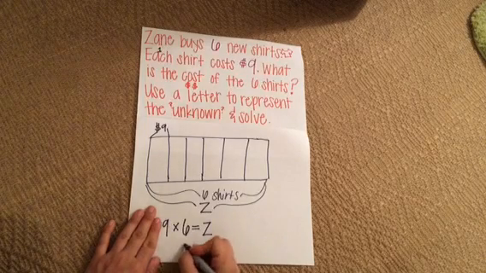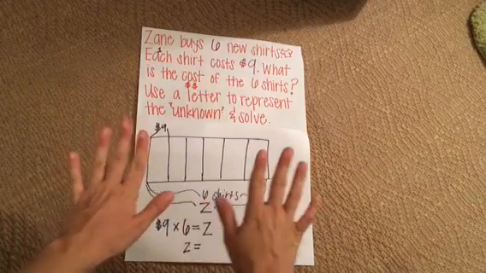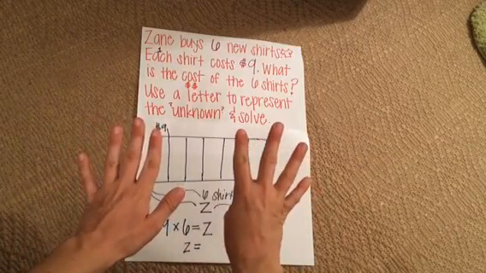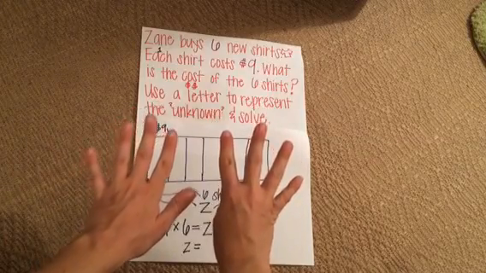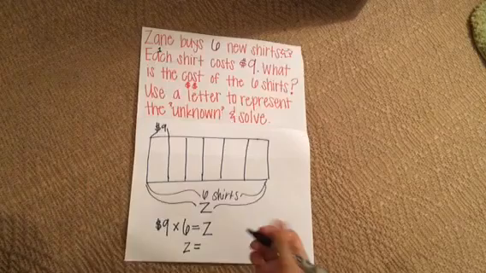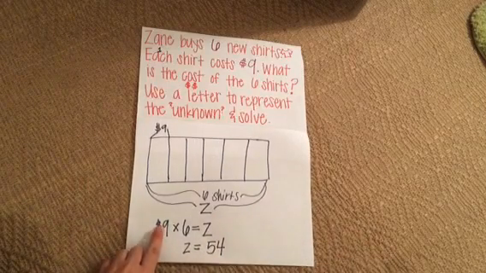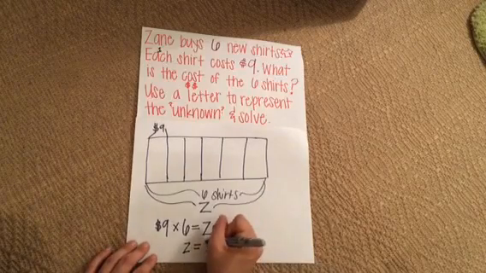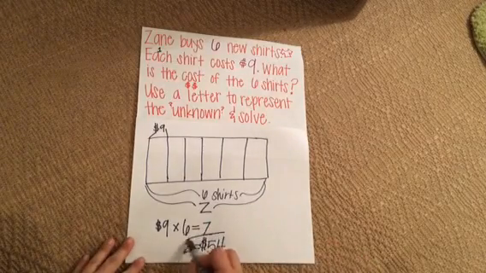So now we need to solve for Z, what we don't know. And again, I like to use the finger strategy. So I would do 9 times, put my 6th finger down, is 54. 5 tens, 4 ones, 54. So all together, he spent 54, and my label is dollars. The cost of the 6 shirts was $54.